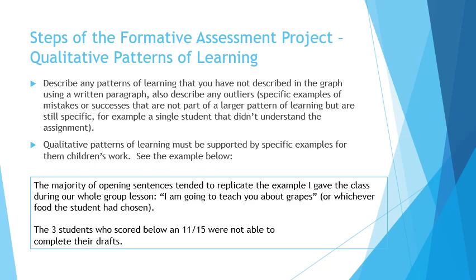Oftentimes there are patterns that you just can't get at with your graph. So if you look at the example below, the way that the student who did the project, the written paragraph around the 5 senses, got around the lack of meaningful data in her bar graph is that she created an extensive narrative to help us understand what the patterns that weren't in the graph actually were.